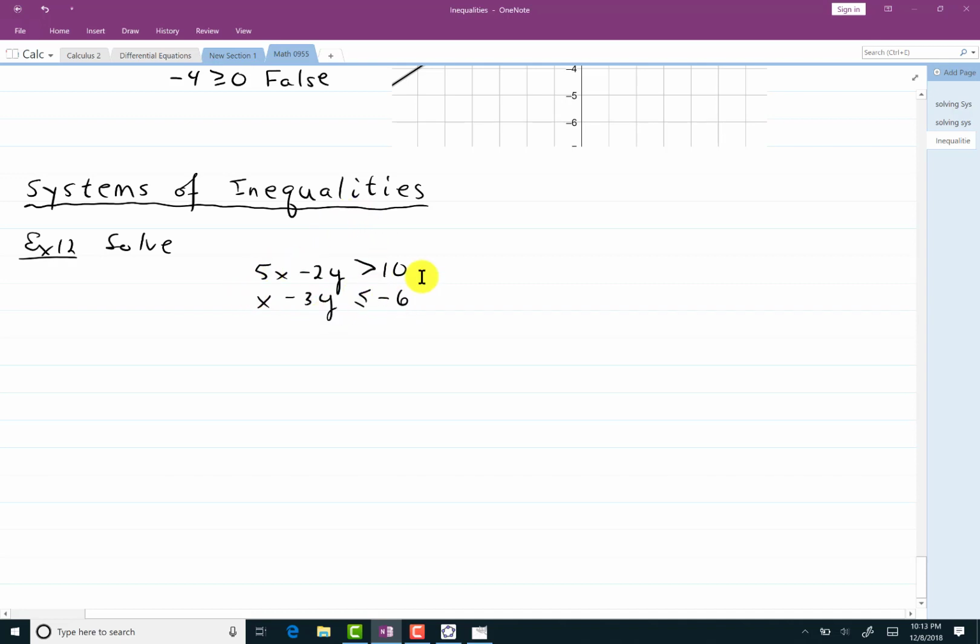So the first thing I'm going to do is graph both of these things together on the same graph. So let me start with the 5x minus 2y equals 10. I'll get y by itself. And then I'll divide by negative 2.